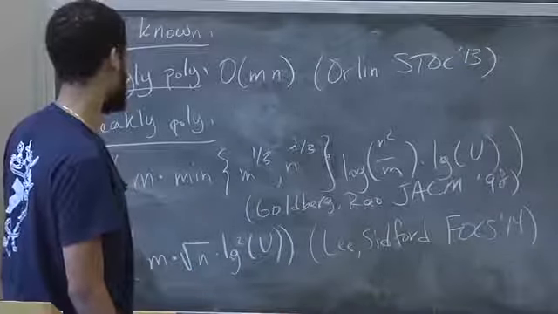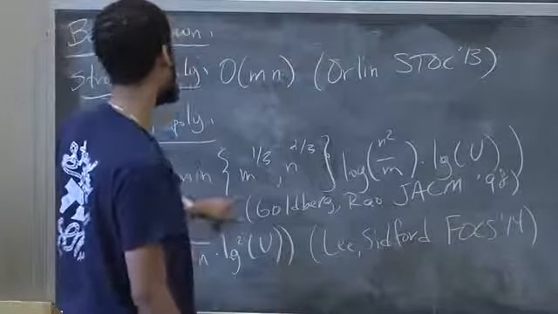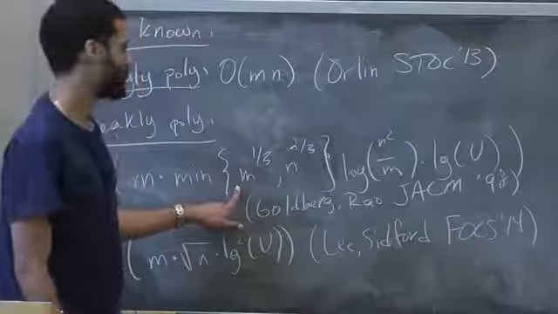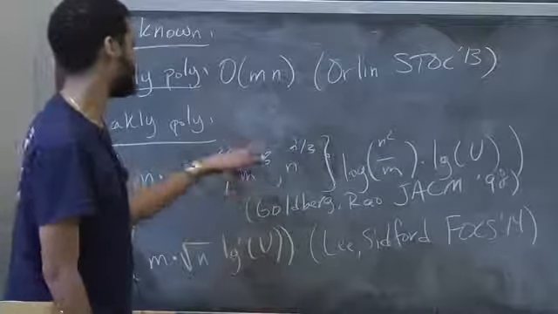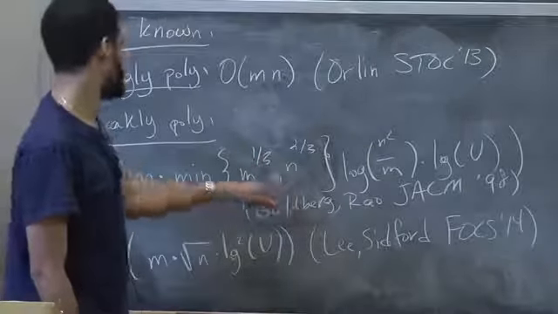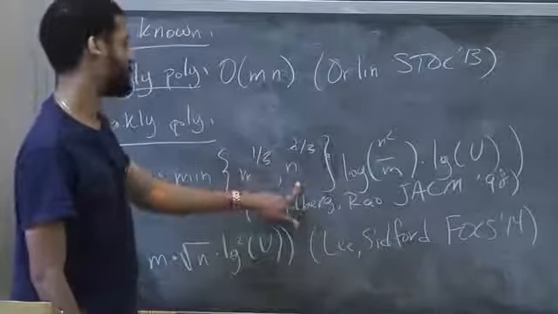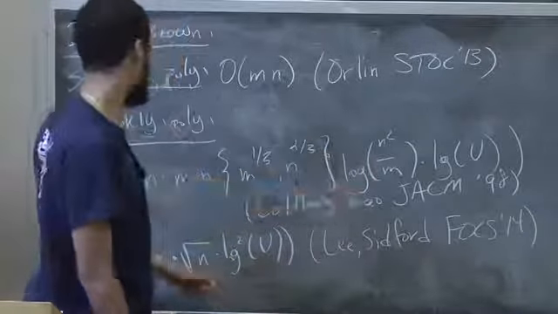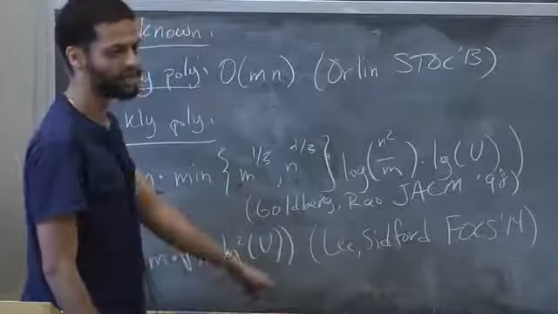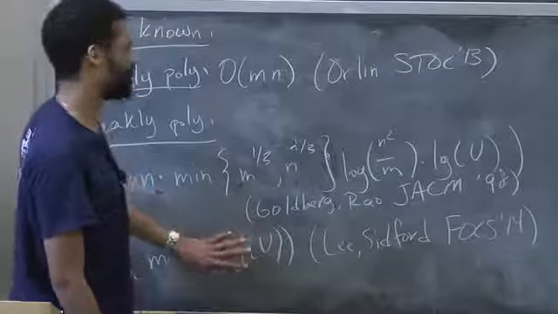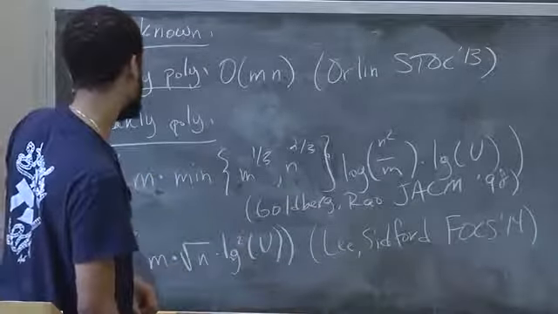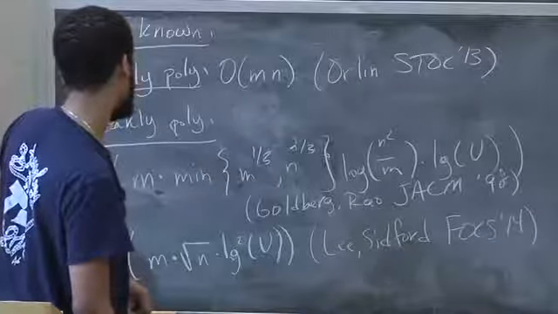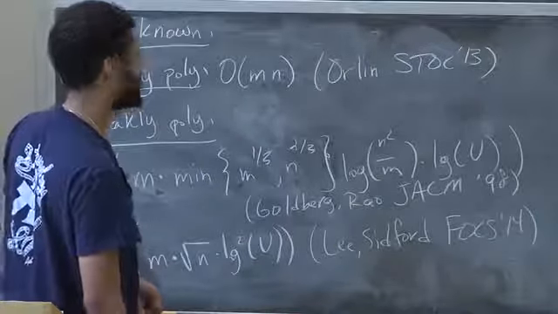Good. But in the worst case, in a very dense graph, m could be as big as n squared, in which case this min could be as big as n to the 2/3. So this would be like m times n to the 2/3 times some logs, whereas this would be m times root n times some logs. So there is a regime where this algorithm is better, but neither strictly dominates the other.